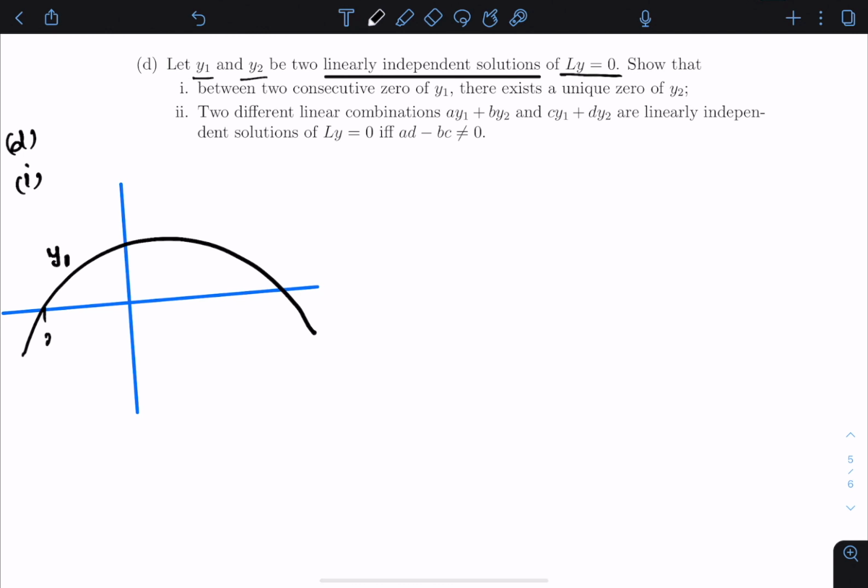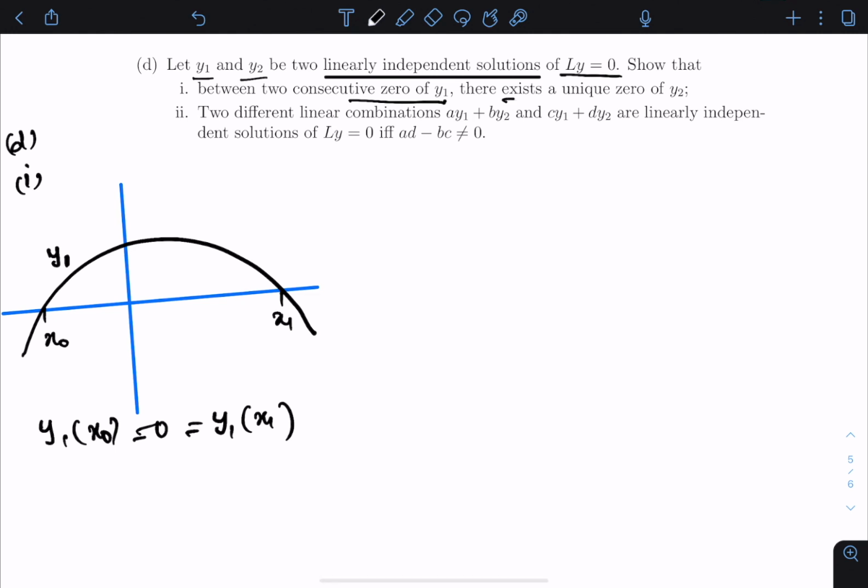Let's call this x0 and let's call this point x1. So what we have, y1 of x0 is 0 and y1 of x1 is also 0. So these are two consecutive zeros of y1.